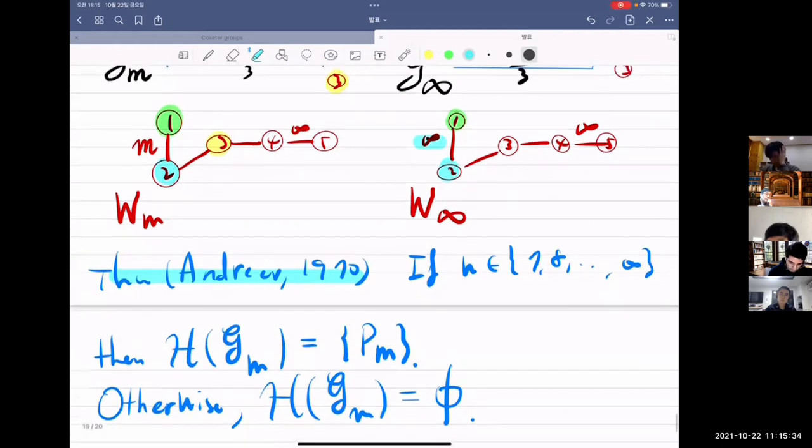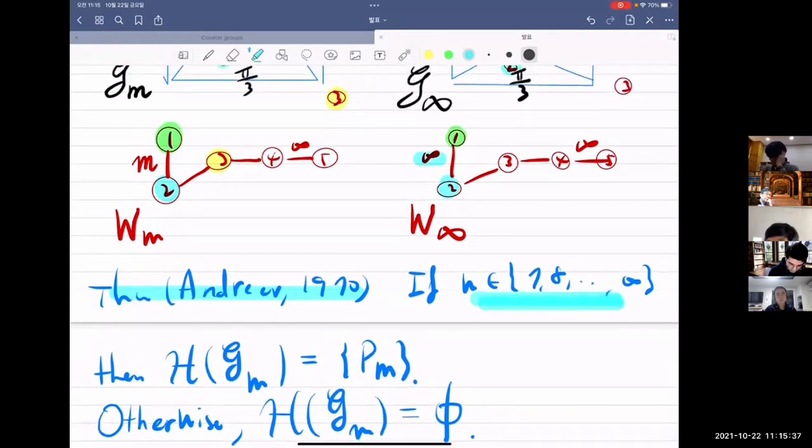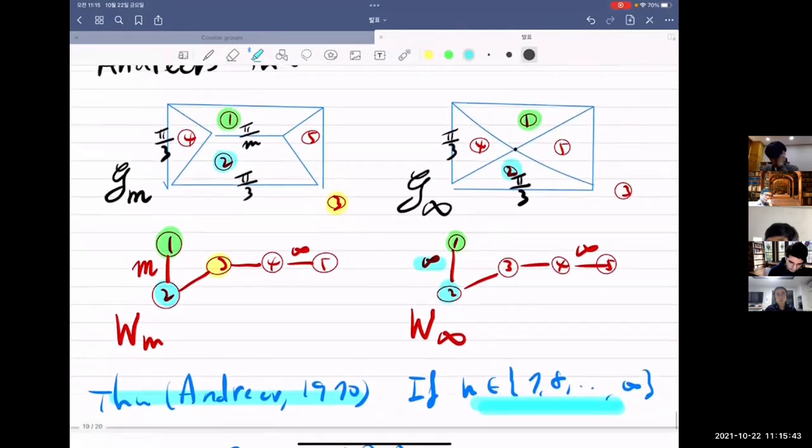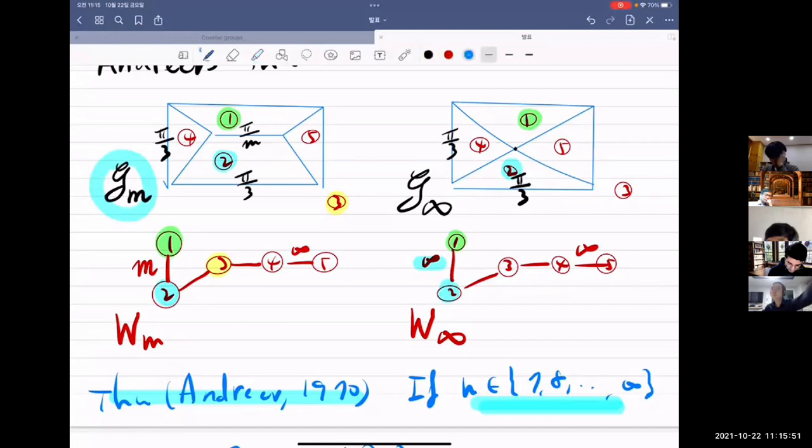In fact, this condition is really a necessary condition. We can easily see it from these pictures. If you imagine the hyperbolic polytope which realizes G_m, and then you think about a hyperplane passing through this triangular prism, then this gives a hyperbolic triangle whose dihedral angles are pi over 3, pi over m, and pi over 2.